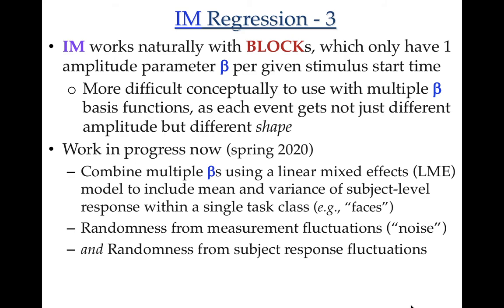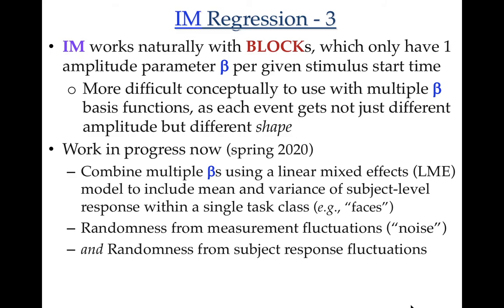I want to mention some work that's now in progress, to use the multiple betas that result from IM regression and then combine those in a linear mixed effect model. So to calculate where the noise is not just the fluctuations that come from the measurement, which is estimated from the residuals, but the randomness from the subject response fluctuations.